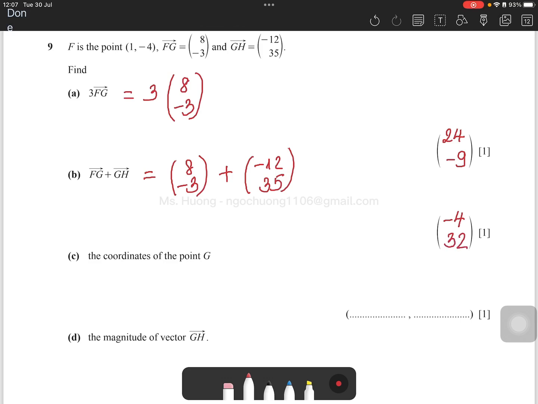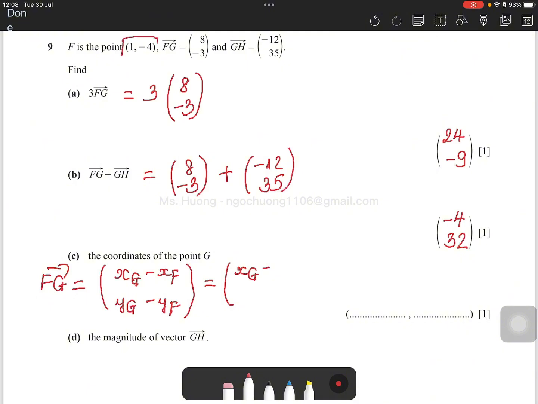C. Find the coordinates of the point G. To do this, we look at the vector FG. The vector FG means xg minus xf, yg minus yf, and we want to find xg. F is the point (1, -4). So xf is 1 and yf is -4.